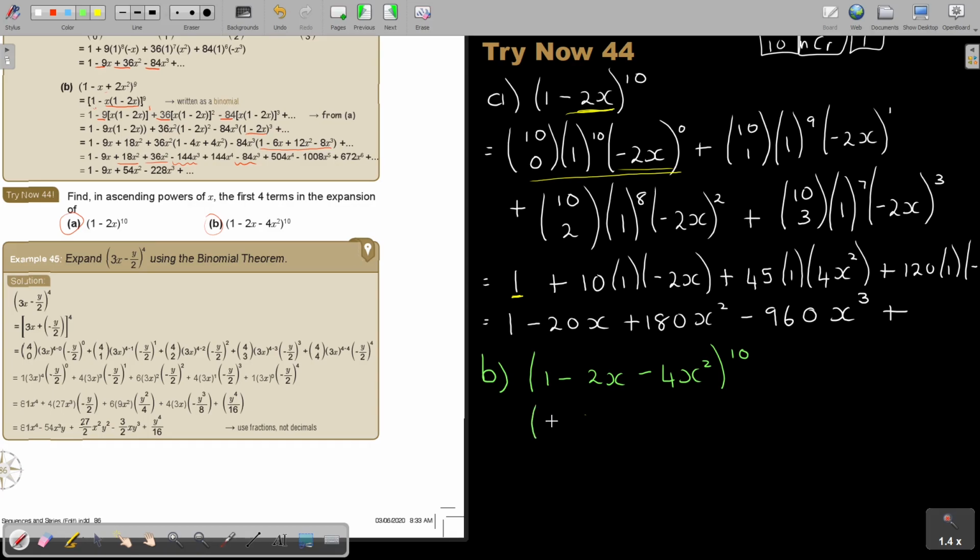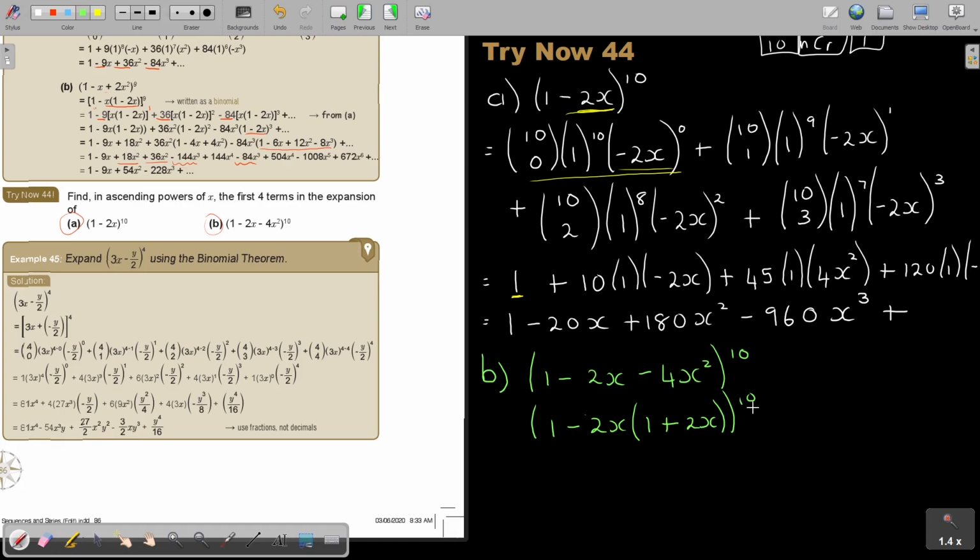So I first make it a binomial by taking out a common factor out of the last two terms. Now just be careful, it's a negative. So a negative times a negative is positive 1. But the negative divided by the negative is positive 2x. So basically, did you see the sign change? So this is very important.